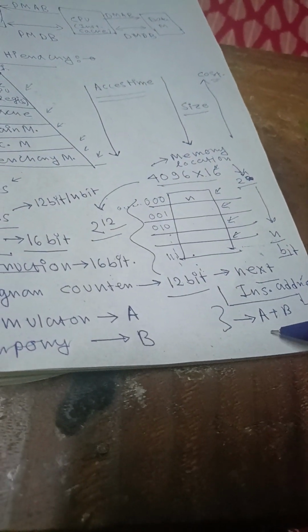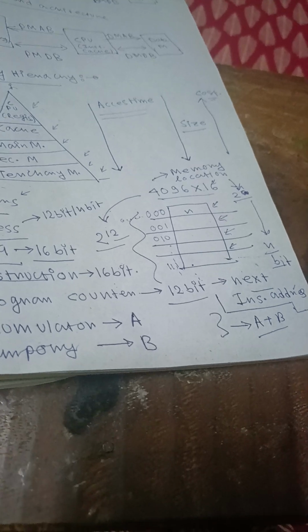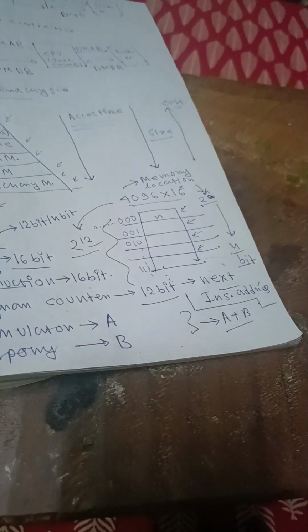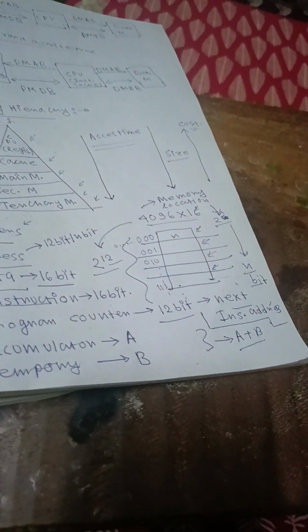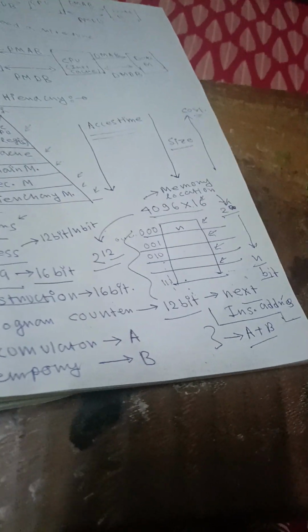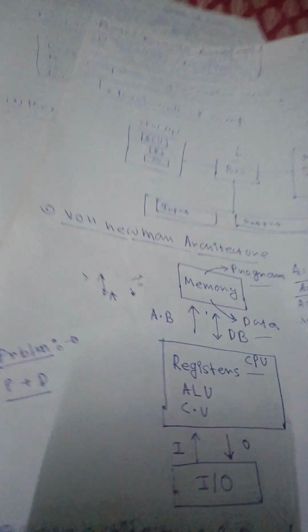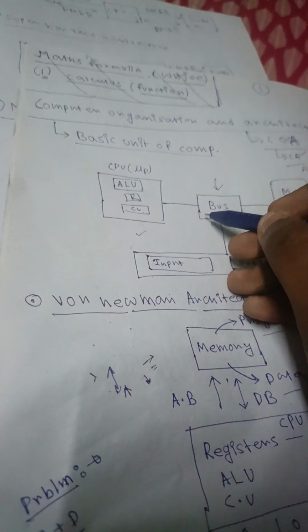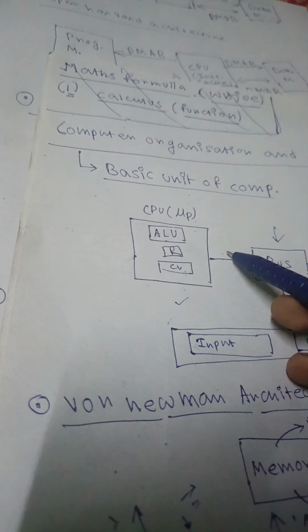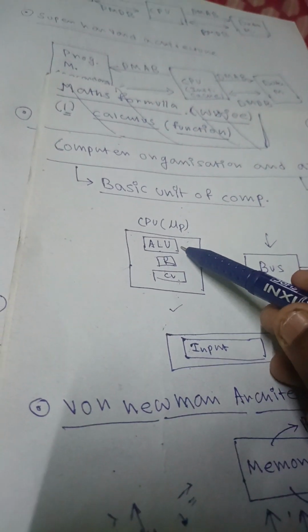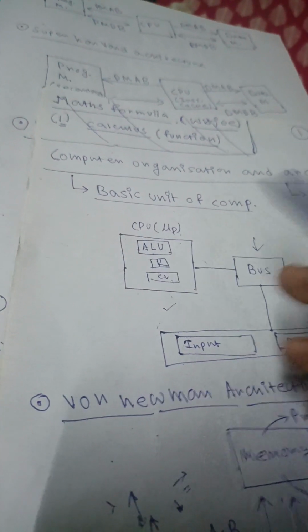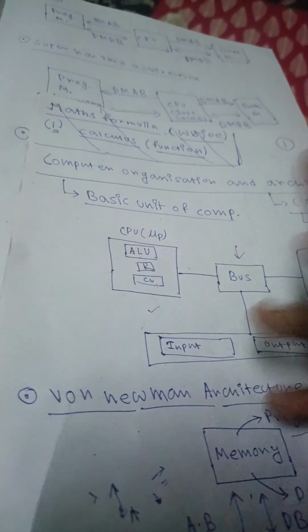If we perform any arithmetic operation, in von Neumann architecture we have seen that it is generally done in the ALU part. Here we can see that any arithmetic logical part is generally done in the ALU, the arithmetic logic unit.